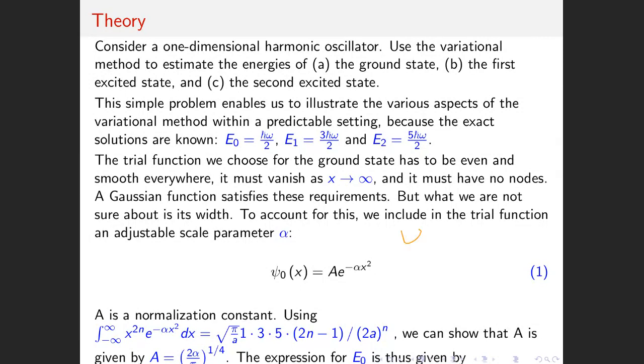So I'm just going to take psi 0 to be A e to the minus alpha x squared. The first thing that I have to do is to normalize, and you can check that this is just 2 alpha over pi to the 1 over 4.